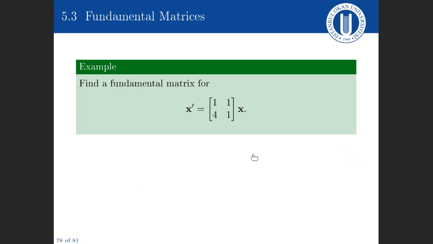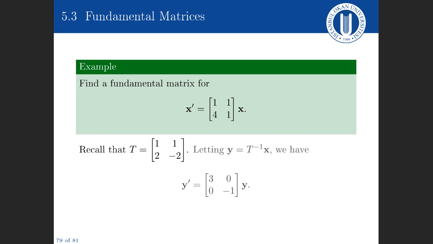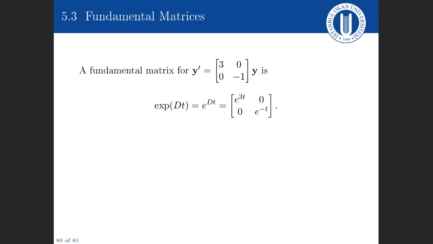So, for example, find a fundamental matrix for x prime is equal to 1, 1, 4, 1 x. Let me remind you of the transition matrix. The key step is we're going to let y be equal to T inverse x. And then that gives us the easier differential equation, y prime is equal to 3, 0, 0, minus 1 y. Straight away, we can write down a fundamental matrix for this equation.